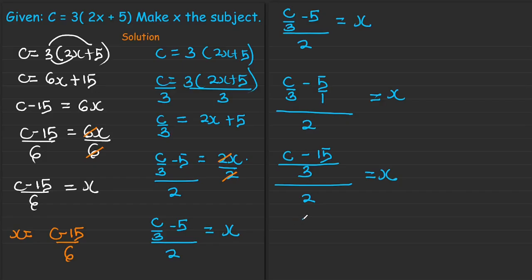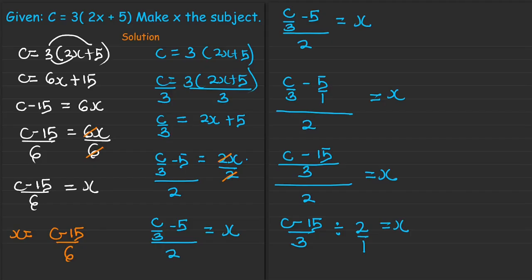With this, we can rewrite it as c minus 15 over 3, then this becomes divided by 2, and we are saying it's equal to x. We know if we are dividing fractions, we can rewrite them as the first term, we change the division to multiplication, and then we flip the second fraction.